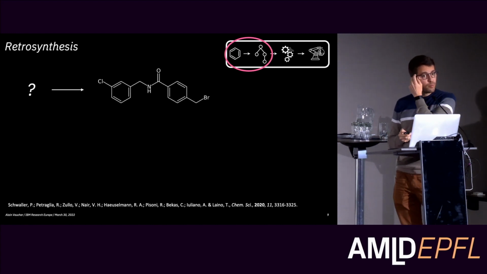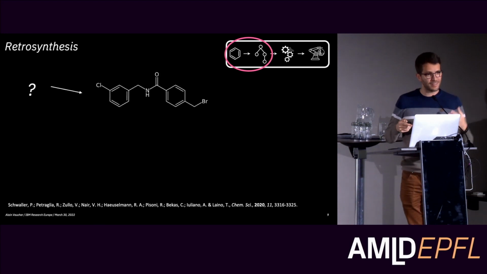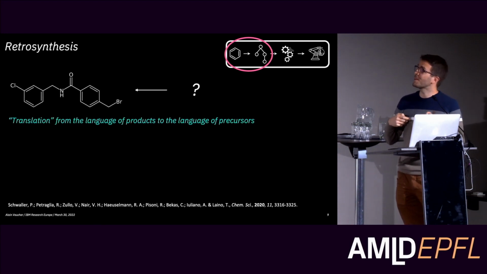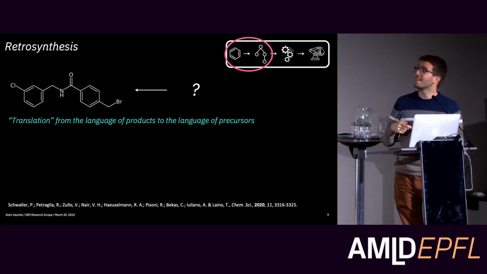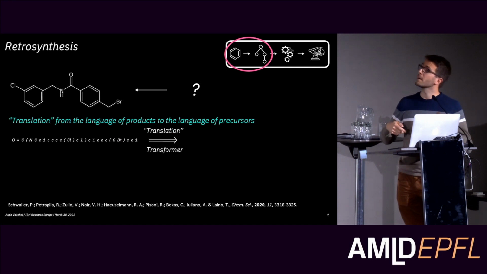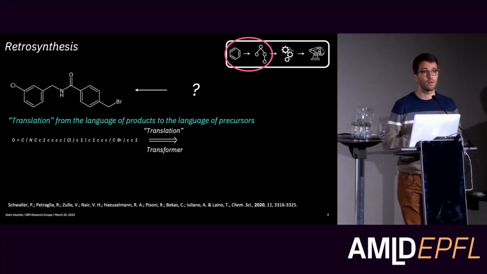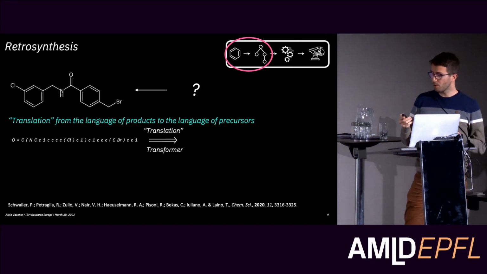And in our group, we have been looking at this problem in terms of translations and specifically tackling this translation with language-based models. So in principle, we take the product described as a SMILES string, and then we convert it to what I sometimes call a sentence of atoms that we then translate with a transformer model to another sentence of atoms.